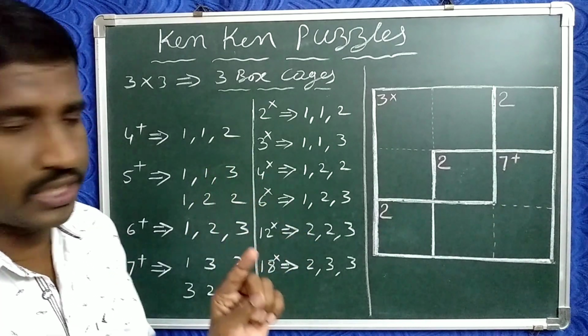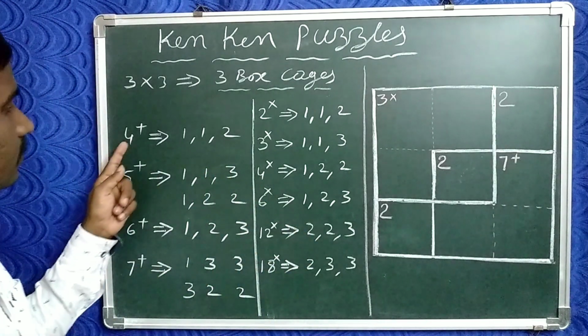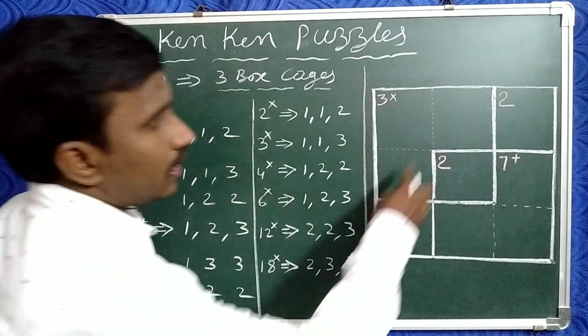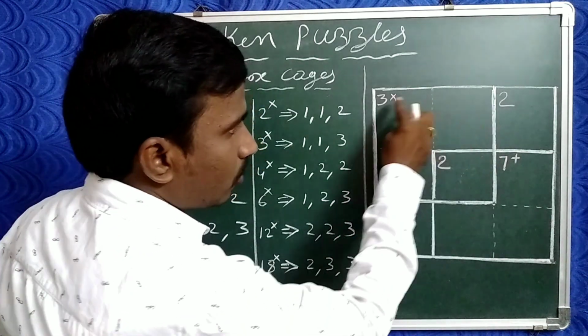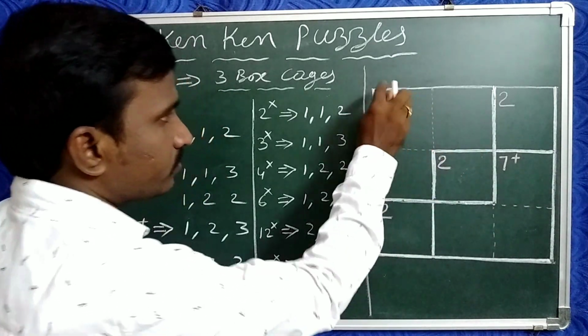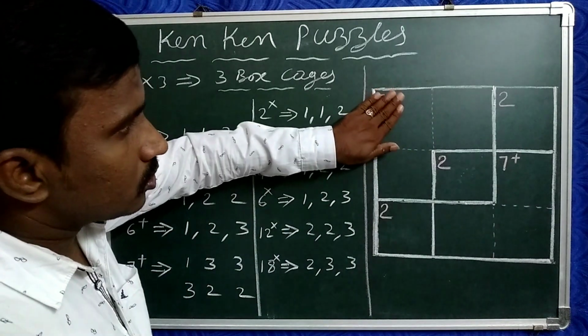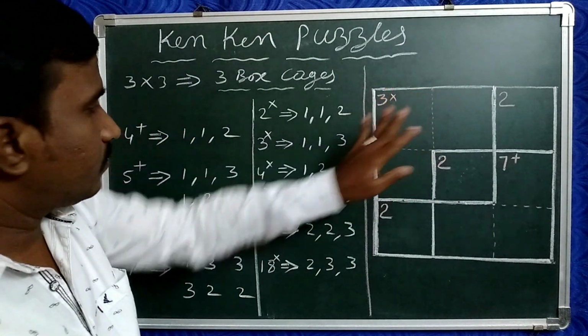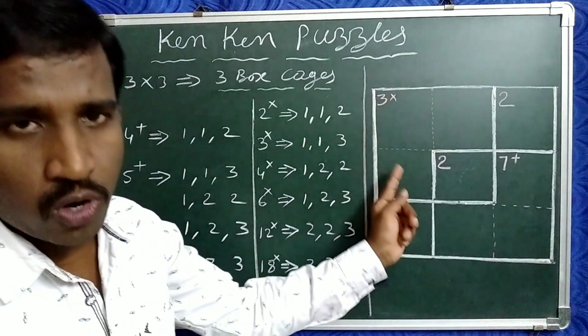Only one possibility. But this 1, 1, 2 looks like a corner box. Suppose here given 4, 1, 1, 2. That's why that is a corner box.